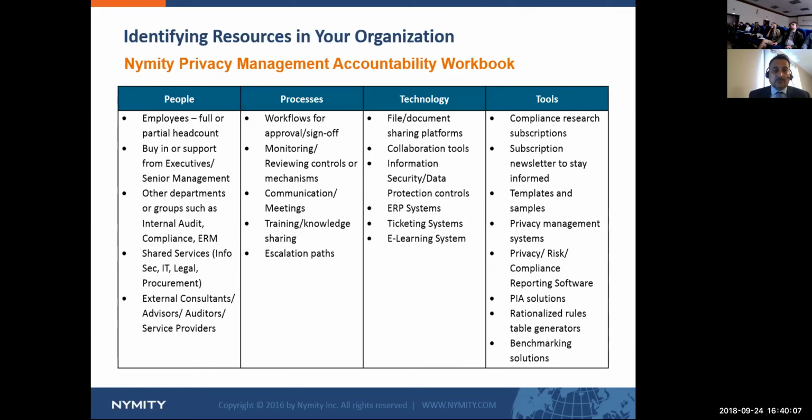As an example, for people, employees, full or partial headcount. For processes, example, workflows for approval and sign-off. For technology, file document sharing systems, collaboration tools, and then tools, compliance research subscriptions, subscription newsletters, templates, and samples. This is an example of the resources that would be required and you should document in your privacy program.